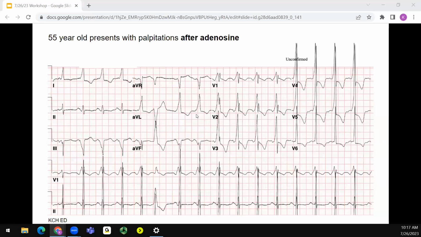Because that's on the differential list for tall R waves in V1 through V3. Yes, delta wave. You have a slow, slurred upstroke of the QRS complex. You can also see it in these leads too, in lead 1 and AVL. And I think the PR is pretty short as well if you look in lead 3. So this patient was transferred to Bellevue, concerning for an accessory pathway. Is that a right-sided organ block?